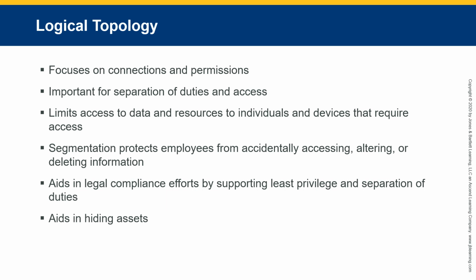This also helps in legal compliance by creating a concept known as least privilege. Least privilege means that you have only the minimum rights needed to access that data for your position or your role. And it also helps create a separation of duties.